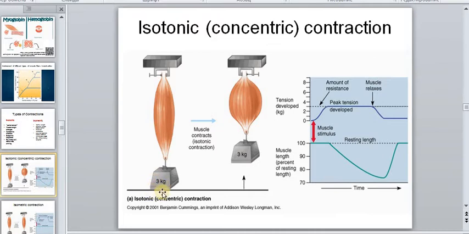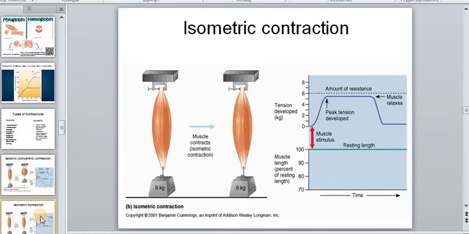Why free? Because the weight connected to the load is not so heavy. Isometric contraction occurs when both ends of the muscle are fixed, so the load is heavy.